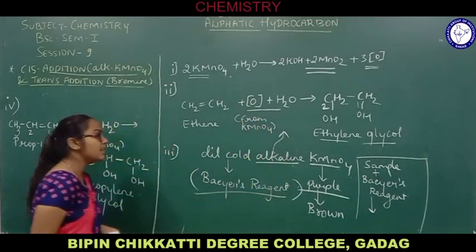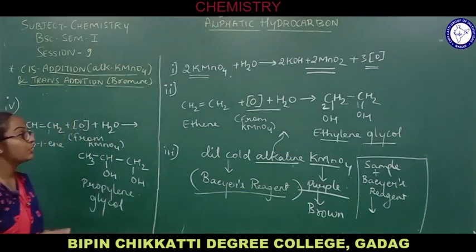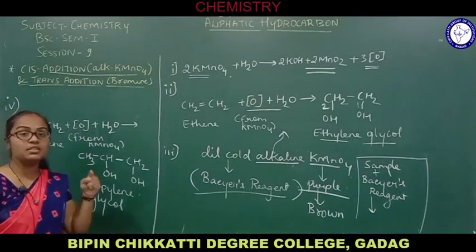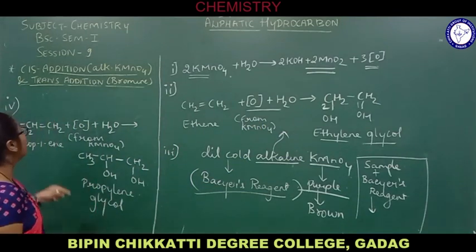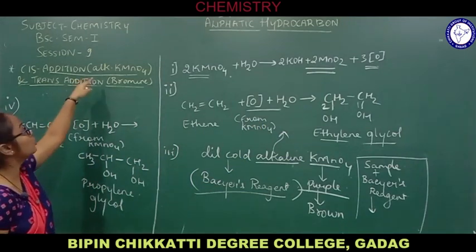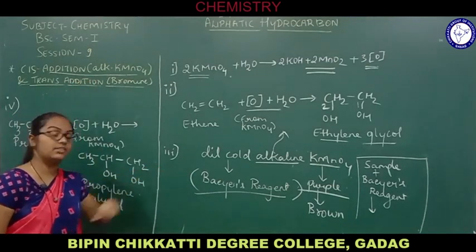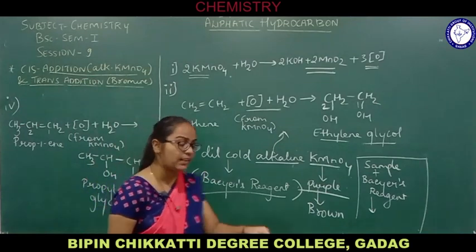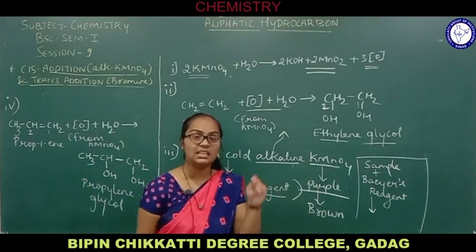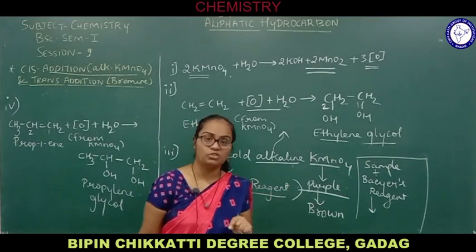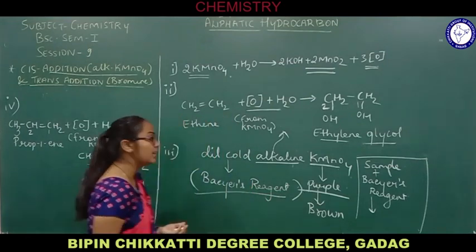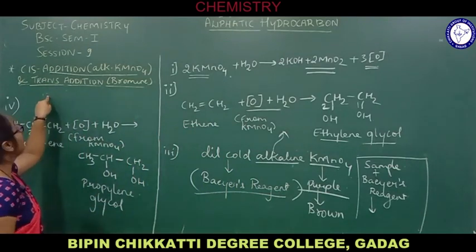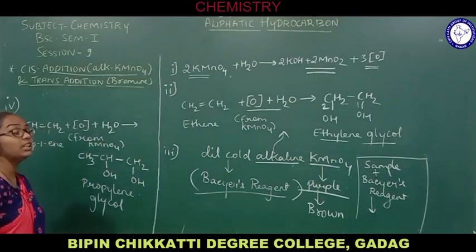So this is how the cis addition of OH groups takes place across the carbon-carbon double bond in an olefin, by utilizing the most important reagent, which is the base reagent, right? And this base reagent helps to predict whether a particular sample contains any unsaturated carbon atoms. Okay, so we are done with the first topic of this main concept, which is cis addition with alkaline KMnO4.